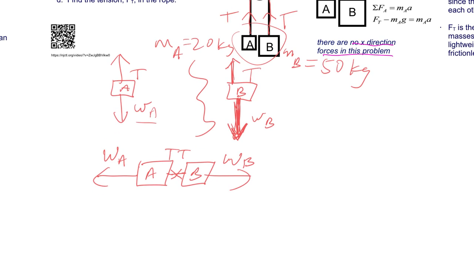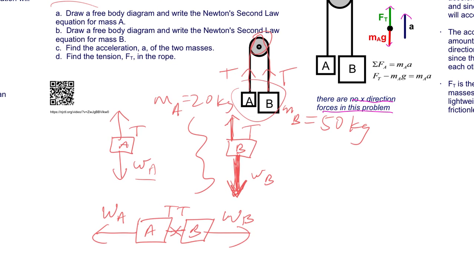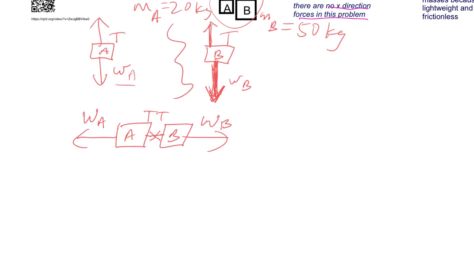Basically, I'm trying to find the acceleration of the system, which is the same as the acceleration of either block. That's the net force of the system times the mass. F net equals ma, Newton's second law.